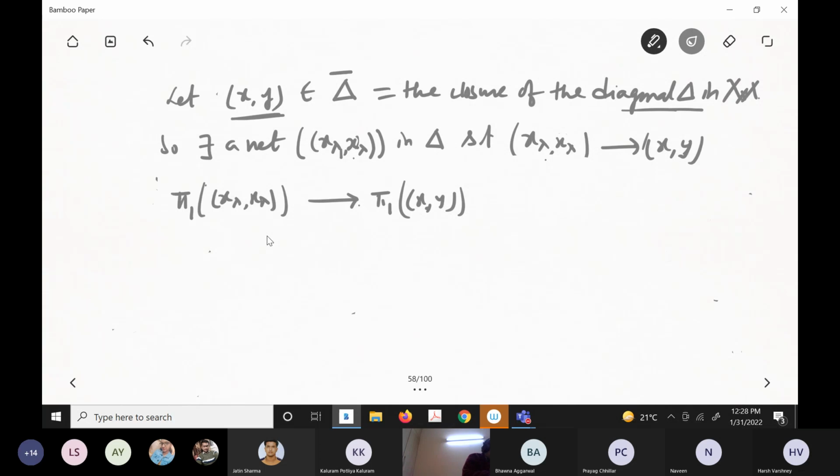There is no confusion in that. This is x lambda, and this is x. This is happening because the first projection is continuous. That is, remember, pi 1 is continuous.